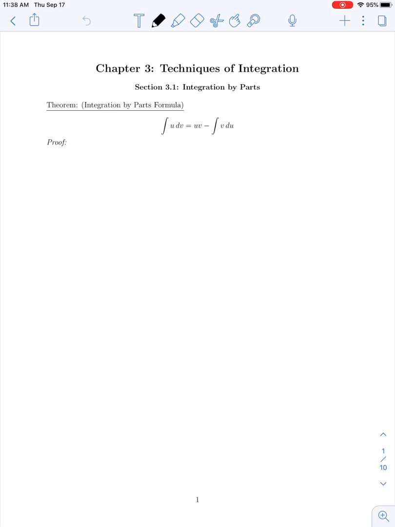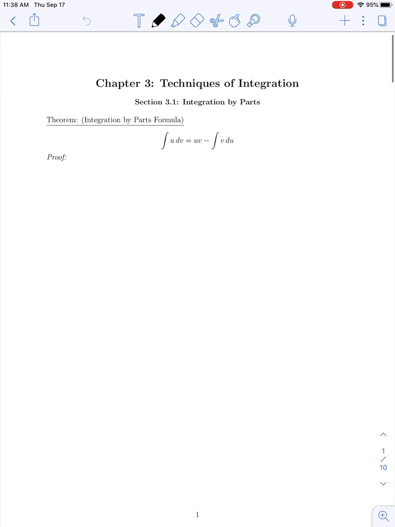So for this lecture, before we introduce the idea of integration by parts at all, let me start by stating when we would use this method. This technique is used to integrate products of functions which can't be simplified.